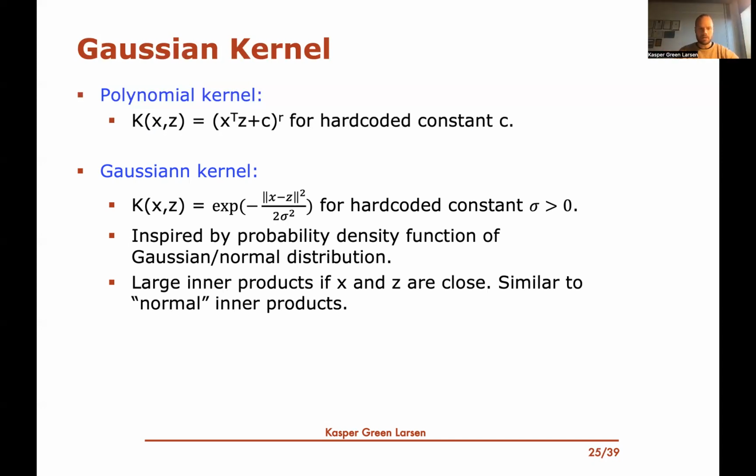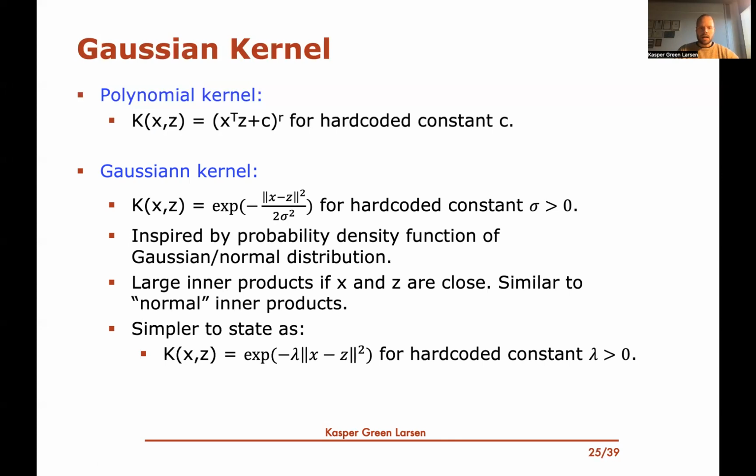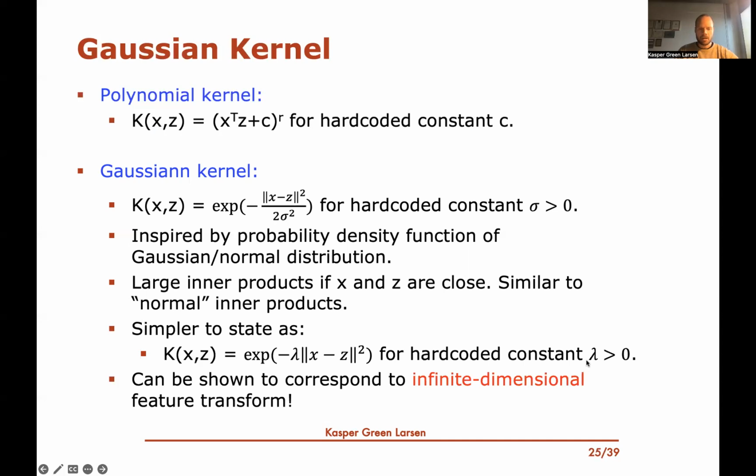Things that are far away have small inner products. And maybe a simpler form is to not carry around this 2 sigma squared. The way you typically write it is the kernel as the exponential function of minus lambda times the squared distance between x and z, for some hard-coded constant lambda. This is basically the same, just for a particular choice of lambda.